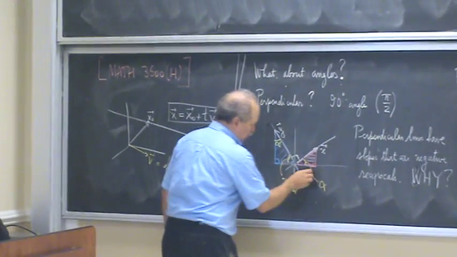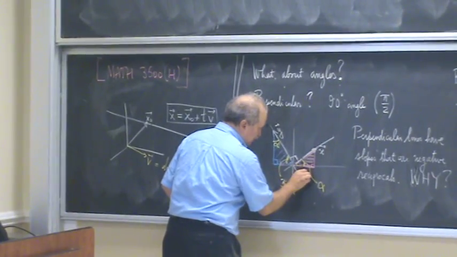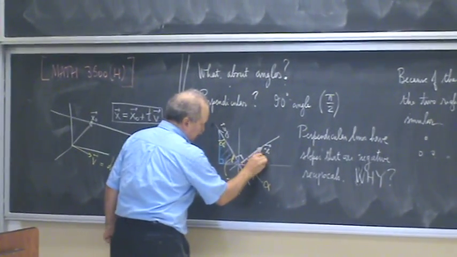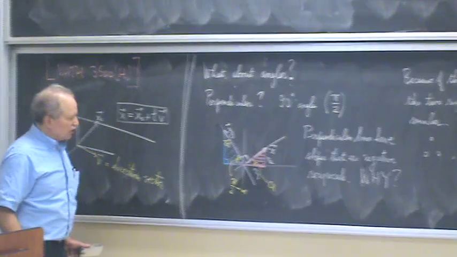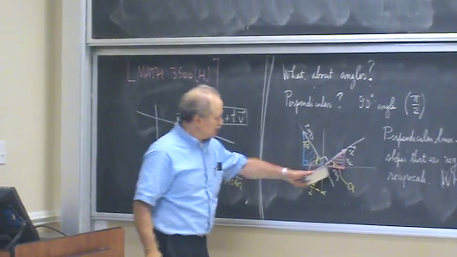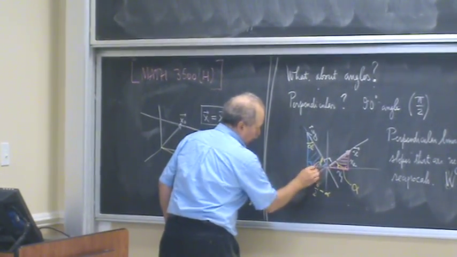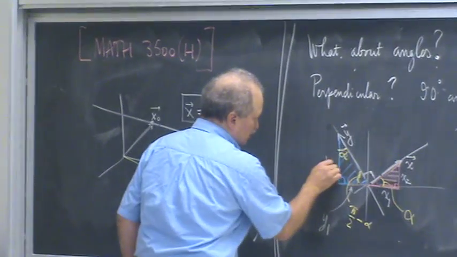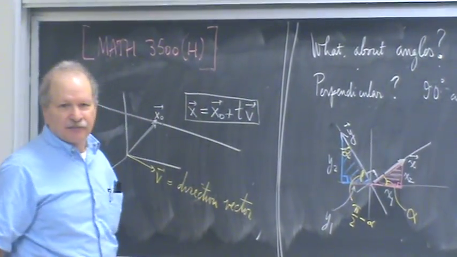So what does that tell me? We'll go back to our notation from yesterday or the day before. Let's say x1 and x2 are the first and second components of x, and y1 and y2 are the components of y.